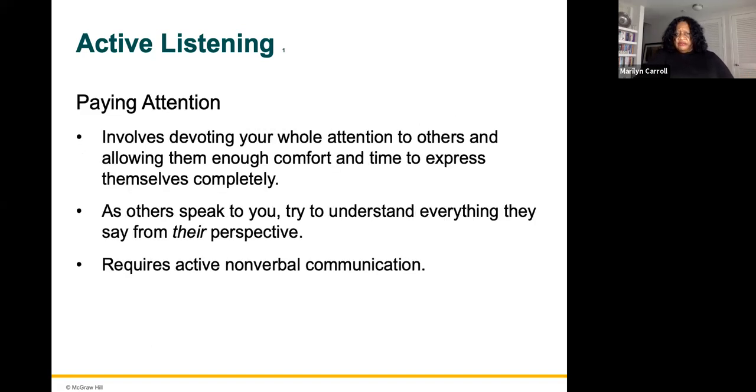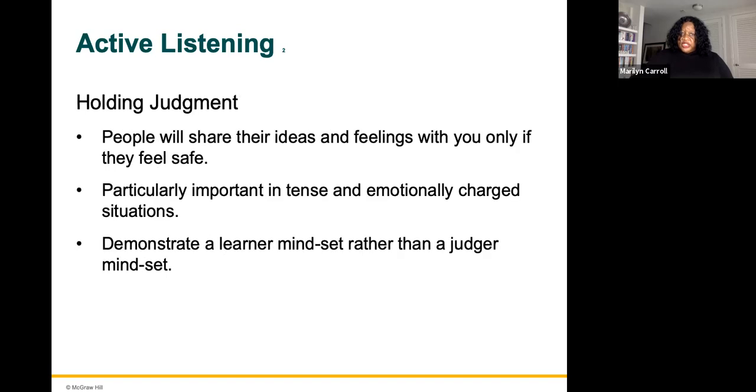So paying attention involves devoting your whole attention to others and allowing them comfort and time to express themselves completely. As others speak to you, try to understand everything they say from their perspective. It requires active nonverbal communication.